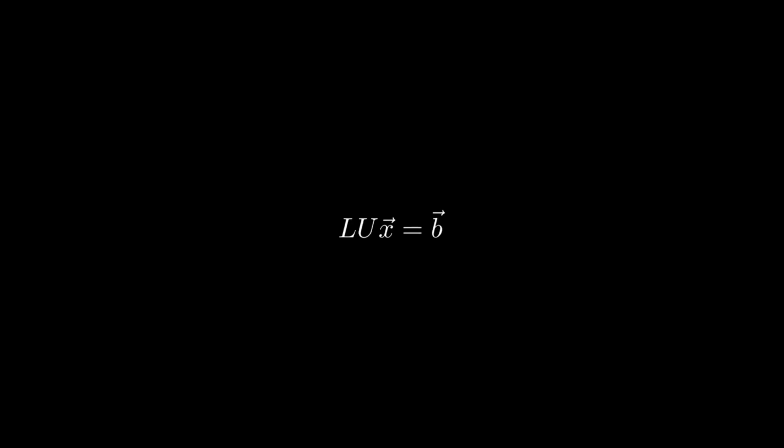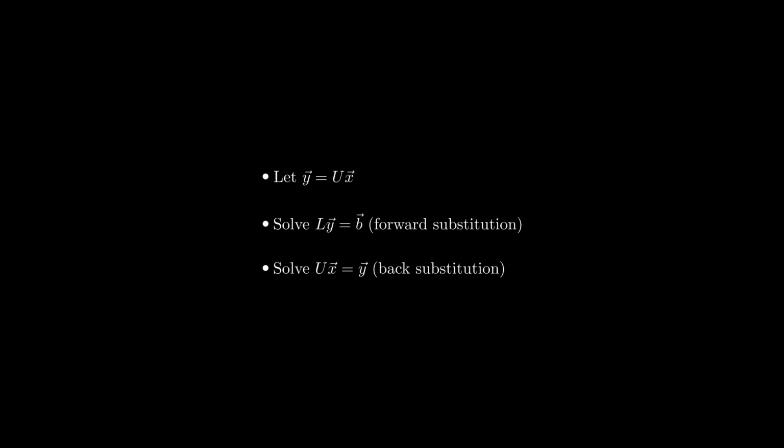But fortunately, the LU decomposition gives us two very fundamental formulas that we can use in order to solve the system. So here's the process. Let's consider some new vector y and let it be equal to UX. Now that we have this, we're going to solve the following equation, Ly equals b, in order to find a vector y.